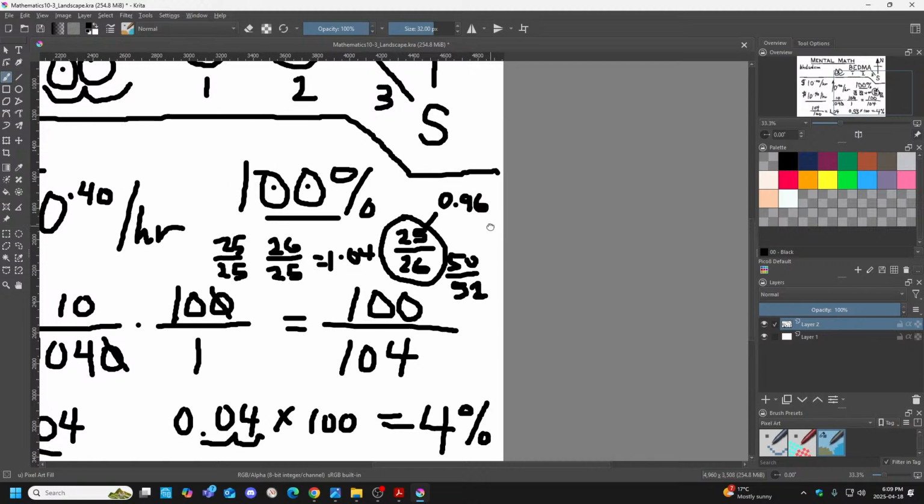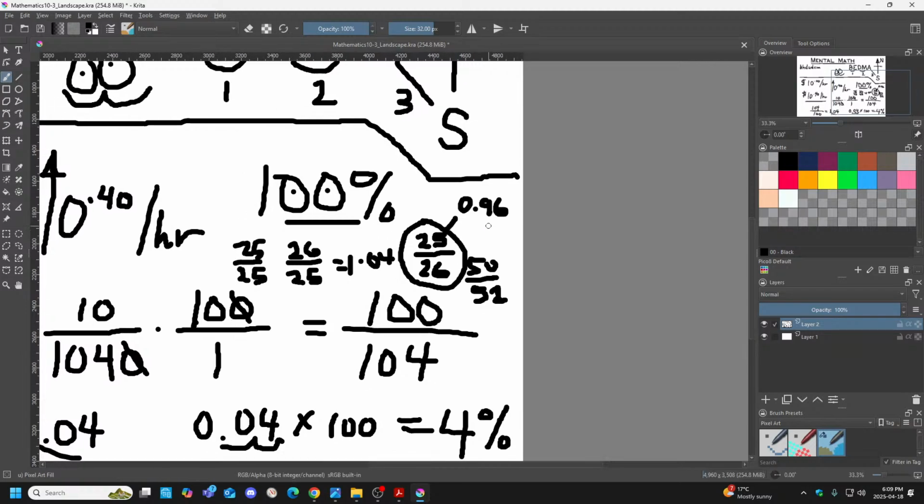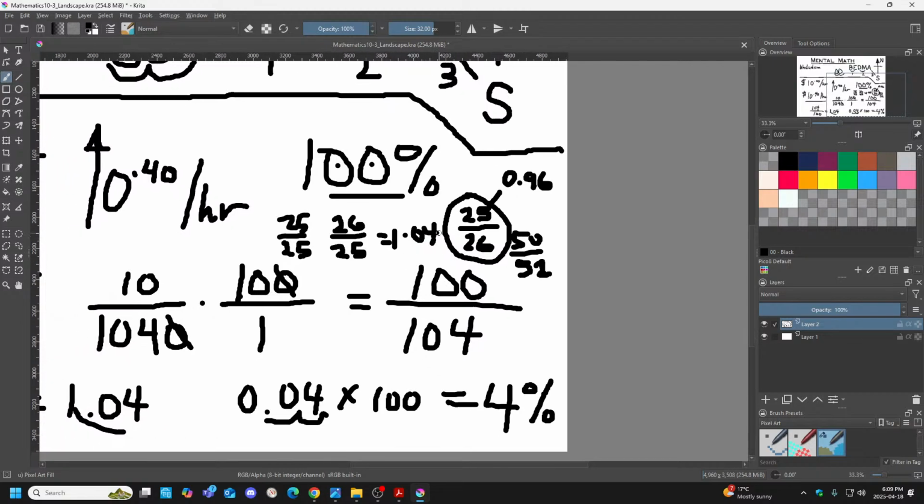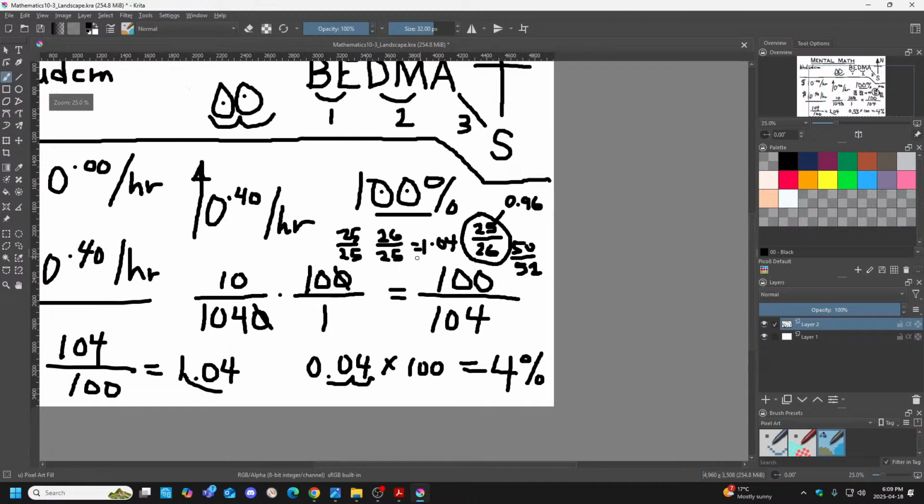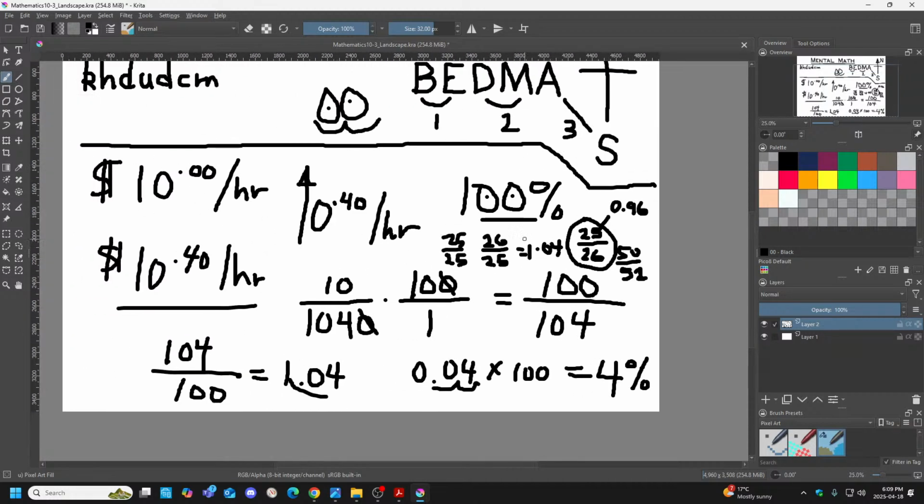This way gives you 0.96. That's not showing the increase. If you understand, right, there's the 4 right there. That's the difference. 4 plus 96 gives us 1, right? We need that 4. That's the increase, a 4% increase. It's not the whole number. 10 is the whole. 10 is the 1.